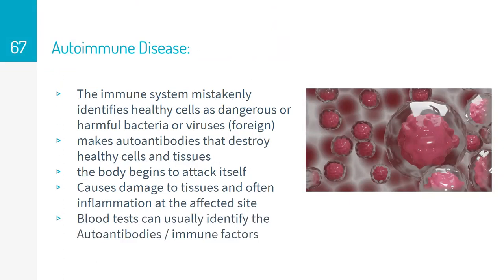Also, blood tests can usually identify these autoantibodies or immune substances, and that is a way to diagnose autoimmune disease. Also, imaging like X-rays, MRIs, and ultrasounds can show where that tissue damage is, and so we can clearly see the structural changes.